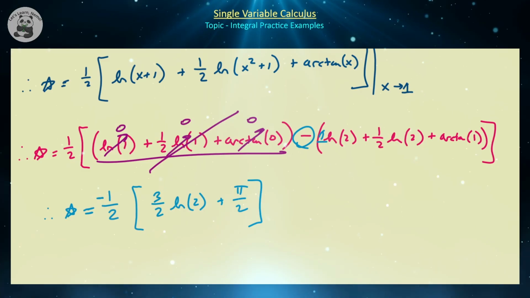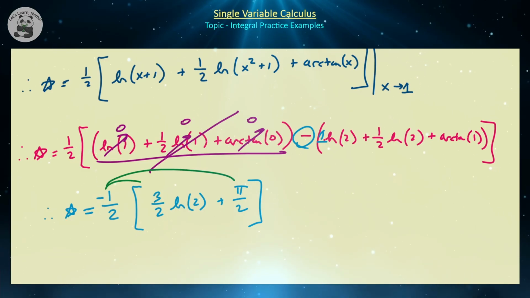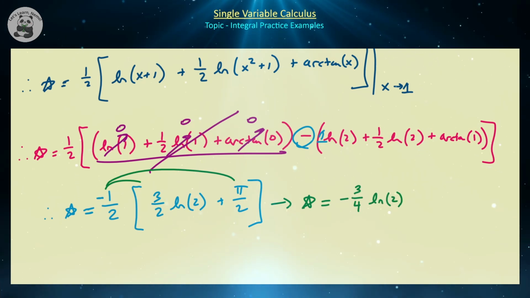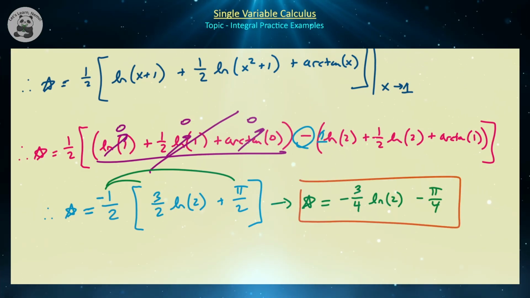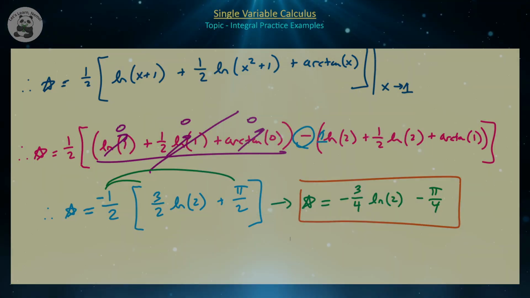Right? So once we FOIL that minus 1/2, and if you so choose to, our original integral is just going to be equal to minus 3/4 natural log of 2 minus pi over 4. And that's going to be the value of the integral that we started with, which is actually pretty interesting.